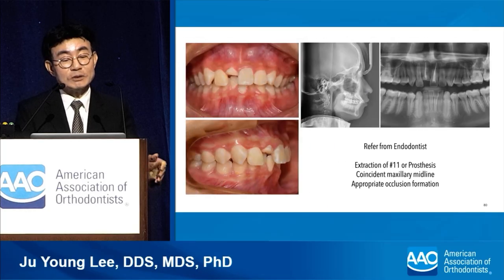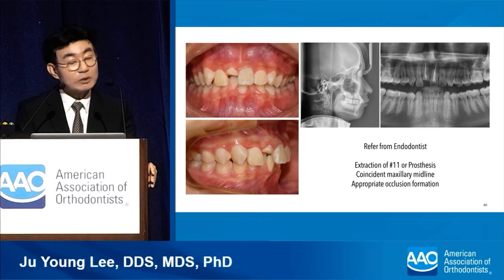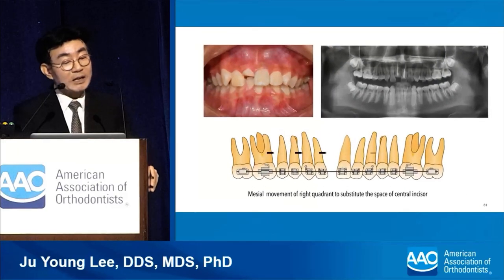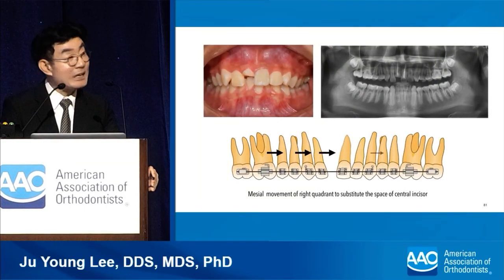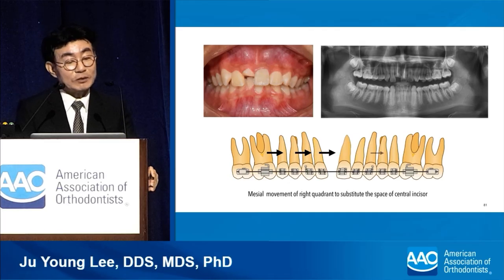We can help with the preparation for a prosthetic fabrication by expanding the space and extruding the root, or we can close the space after extraction. I decided to extract the central incisor and move the upper right teeth forward to form a class 2 occlusion with an asymmetric molar position.